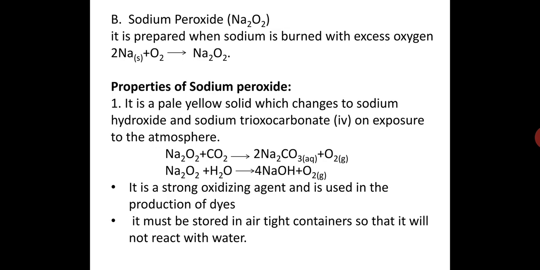When you burn sodium with excess oxygen in the lab, it will give you sodium peroxide. The equation is below. Then we move over to the properties of sodium peroxide.